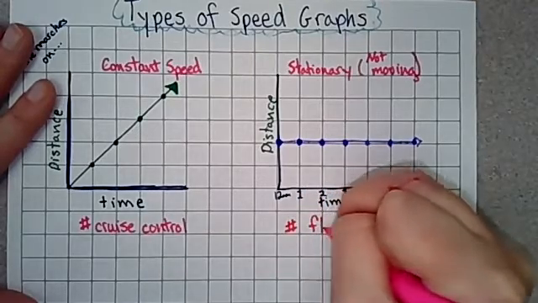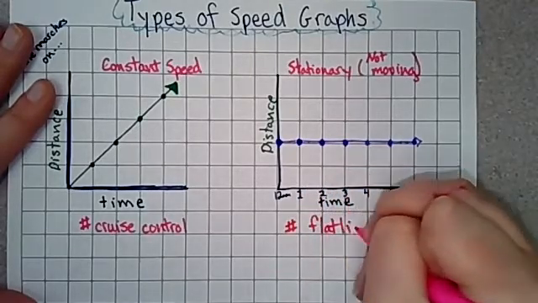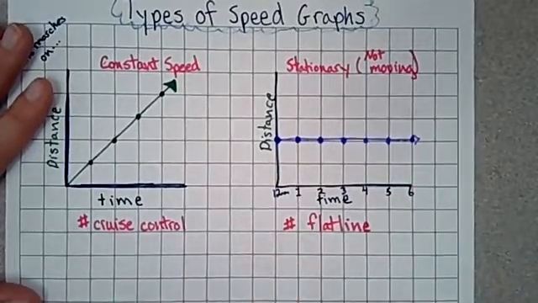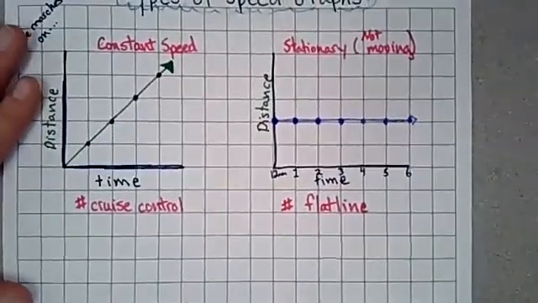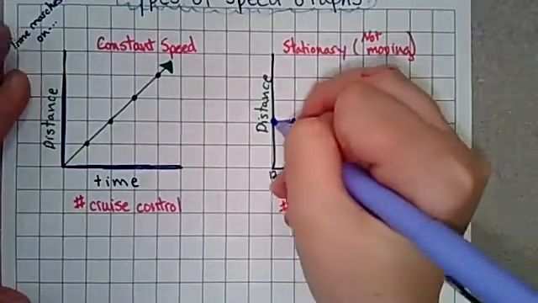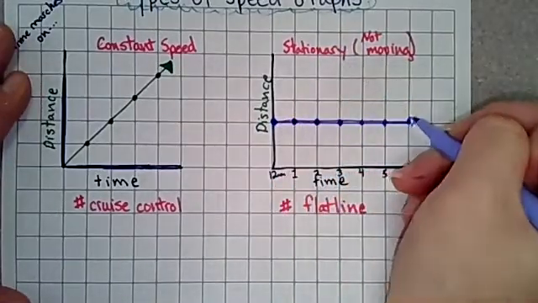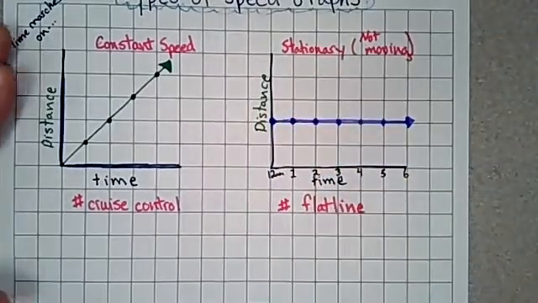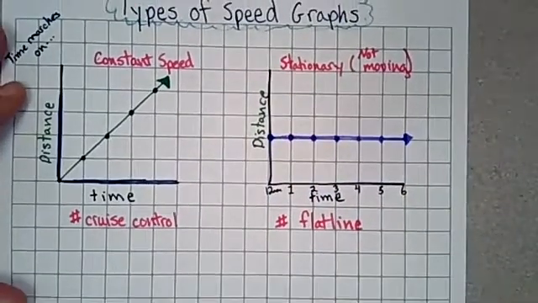He's not moving at all. Flatline, like he's dead, okay? Like a flat line at the hospital. So he's not moving anywhere at all. Time is marching on, and his distance is neither increasing nor decreasing. This is a flat line, okay?